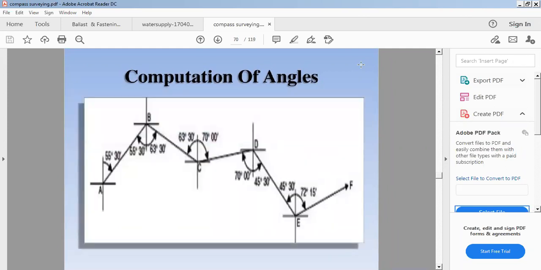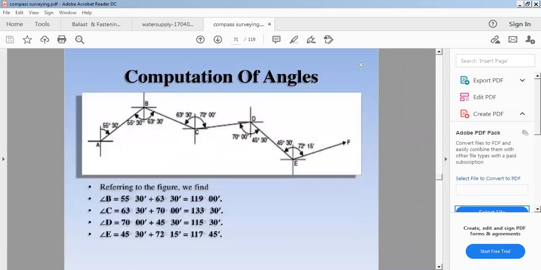So this is the representation of bearing. In this case, we will find the angle. Back bearing and forebearing are already given, so we will find the angles.